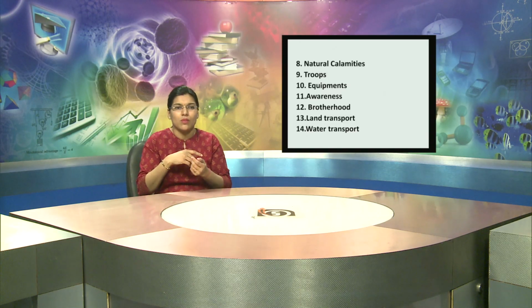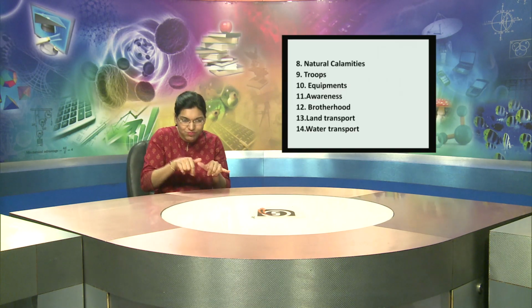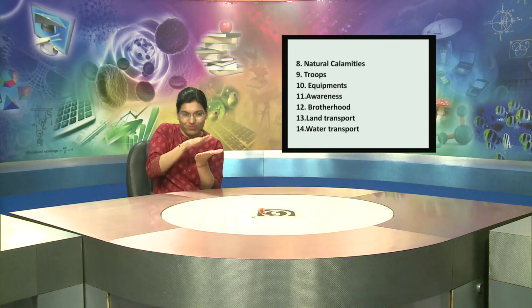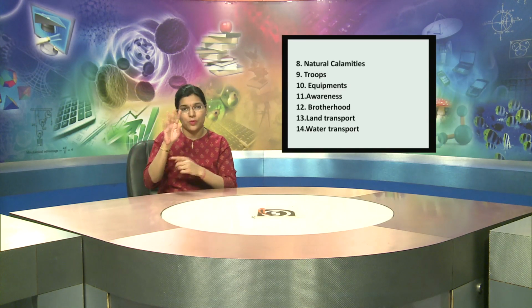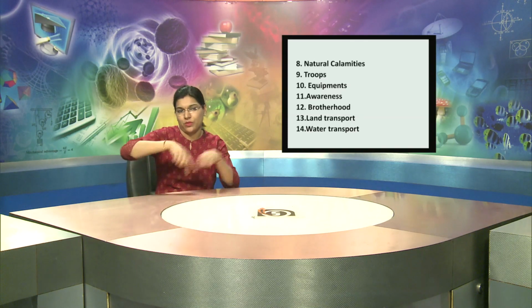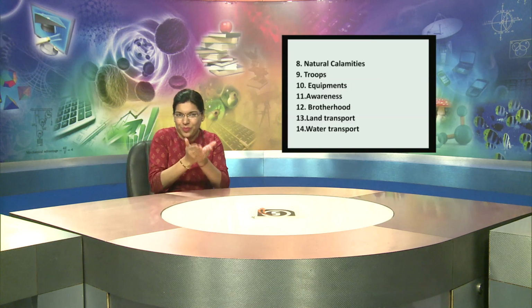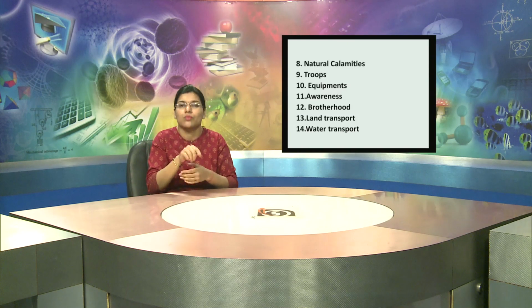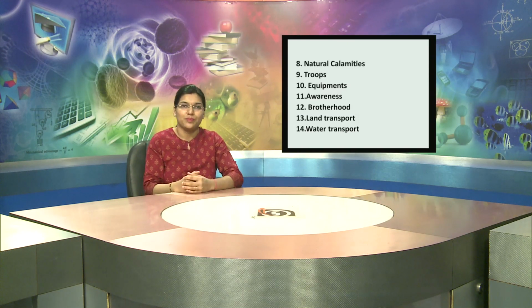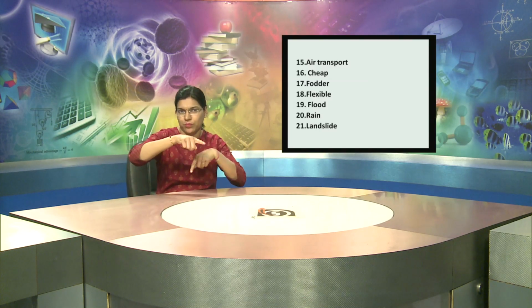Similarly, 13th word is land transport. Some examples of land transport are car, train, transports which work on road. 14th word is water transport. For example, boats, barges, ships. 15th word is air transport.